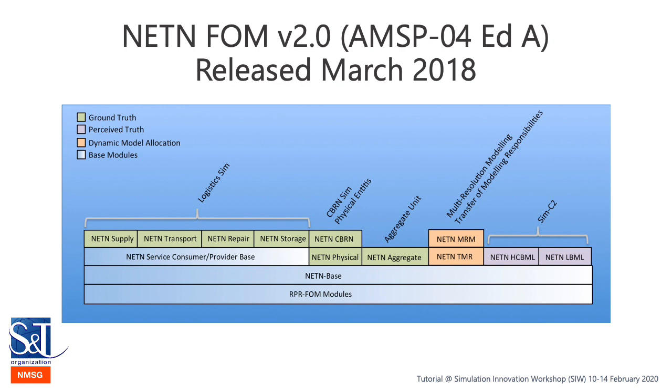So it basically depends on some of the RPR modules, not all of them, and extends some of those to introduce additional capabilities of exchanging information between simulations in the areas of logistics, CBRN, aggregate representation of units, some general FOM modules for supporting aggregation, deaggregation, and transfer of modeling responsibilities, and a couple of modules supporting simulation to C2 interoperability.